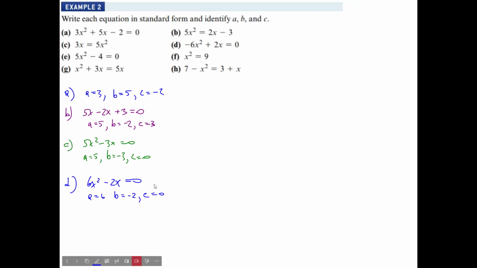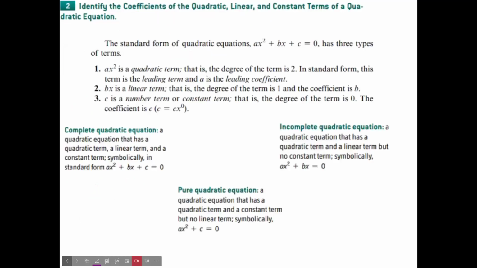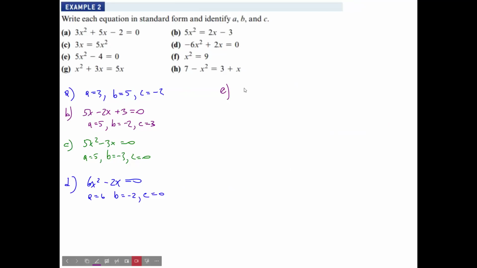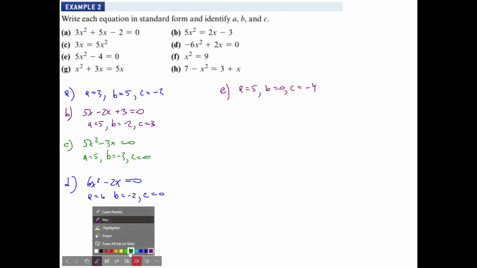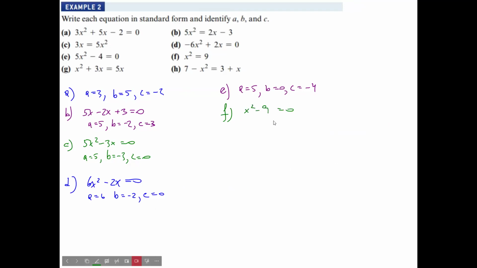Sorry. E. So it's what? It's a pure quadratic equation, right? A is 5, b is 0, c is minus 4. F. So x squared minus 9 equals 0.